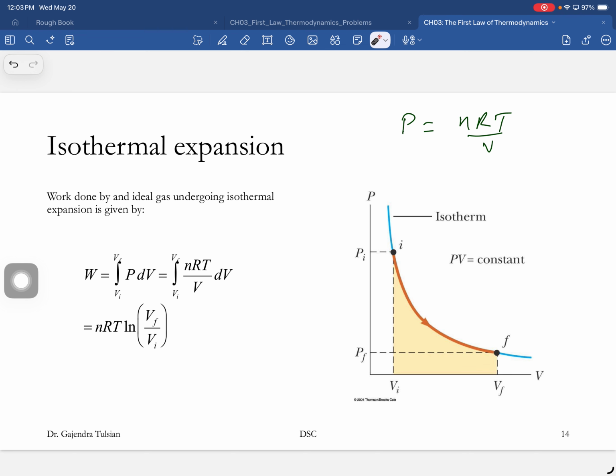This is the number of moles and this is the number of particles. N times k, the Boltzmann constant, is the number of moles times R. So CV is F/2 R.